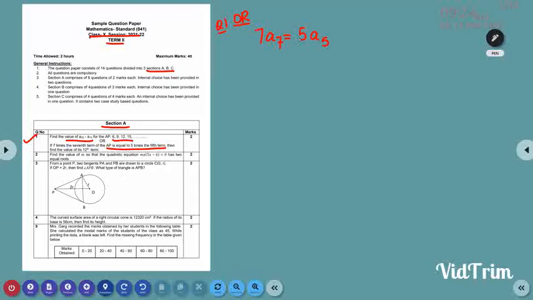And then again we are going to use the formula AN is equal to A plus (N minus 1) D for A7 and A5. So the A7 side will be written as 7 in bracket A plus (7 minus 1) D will be equal to 5 in bracket A plus (5 minus 1) into D. This will be 7 (A plus 6D) is equal to 5 (A plus 4D).